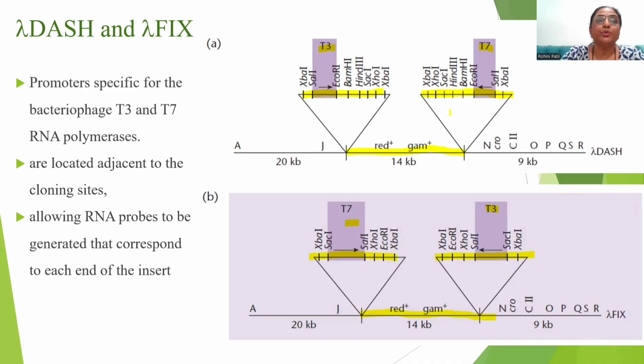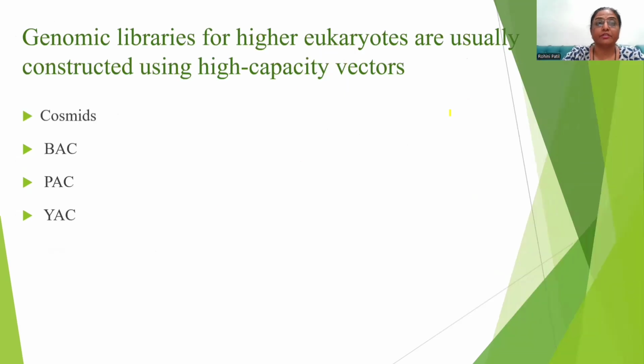In this way, the lambda dash and lambda fix vectors allow the construction of a genomic library, as well as the synthesis of probes for the particular gene which has been inserted in these vectors.